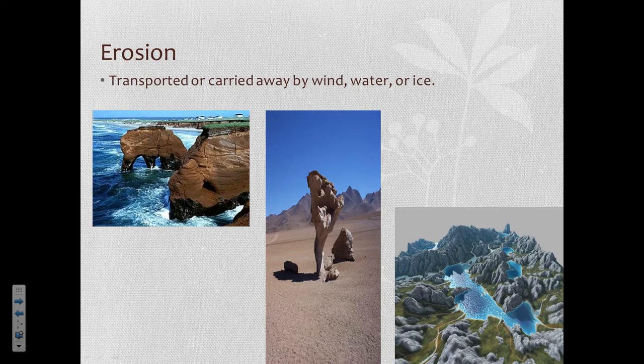Erosion. Erosion is when something is transported or carried away. One of the things that the article said is it's usually by wind, water, or ice. So here's my example of wind.